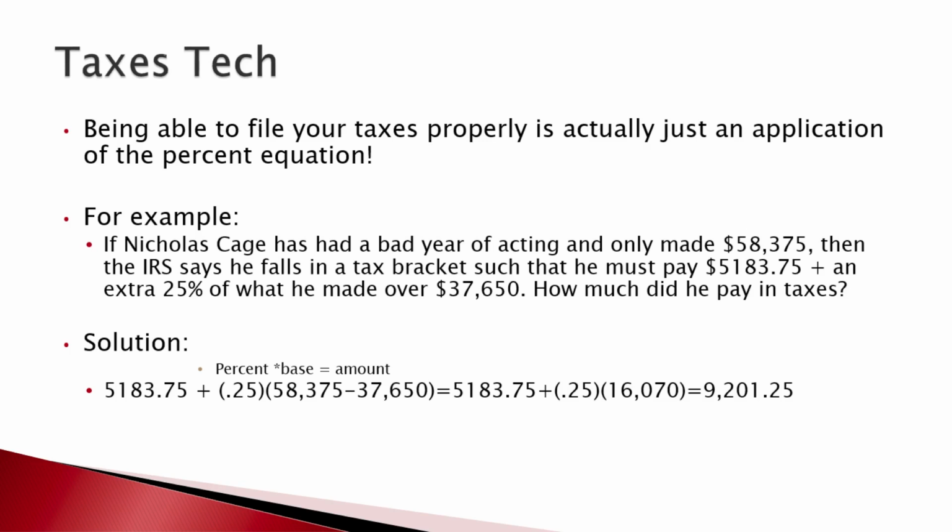So, 5,183.75 plus our percent, which was 0.25, times base, which was 58,375 minus 37,650, equals 5,183.75 plus 0.25 times 16,070 (more precisely 0.25 times 20,725), which equals 9,201.25. That's how much he paid in taxes.